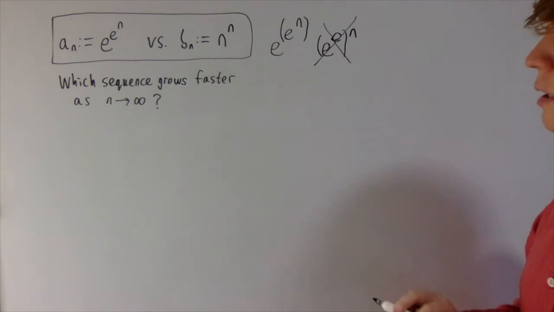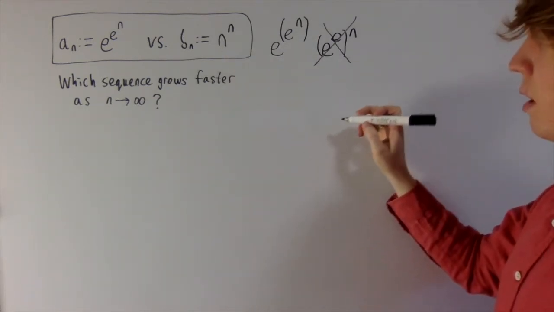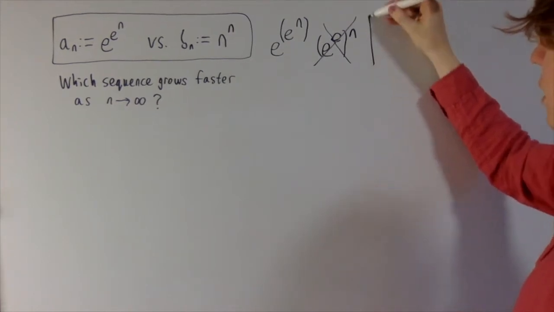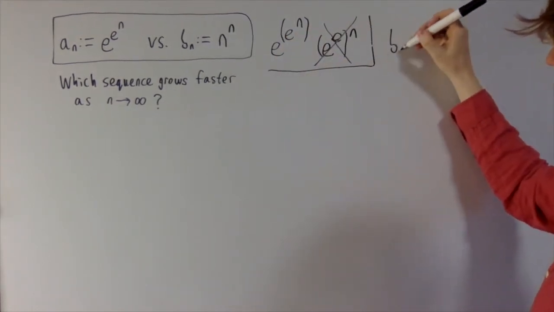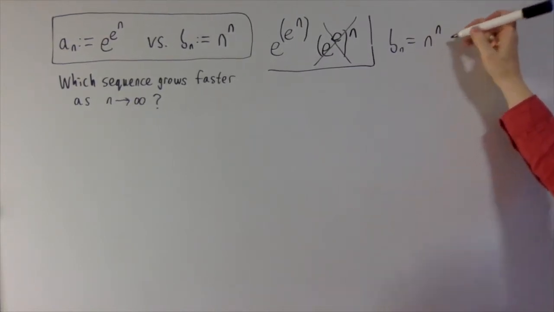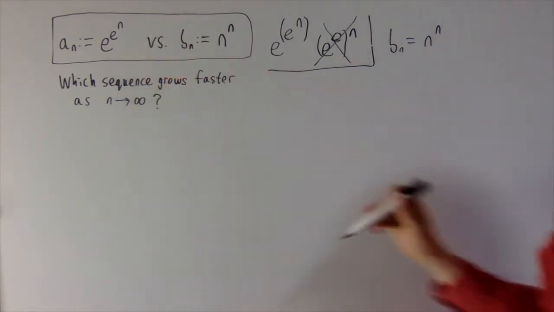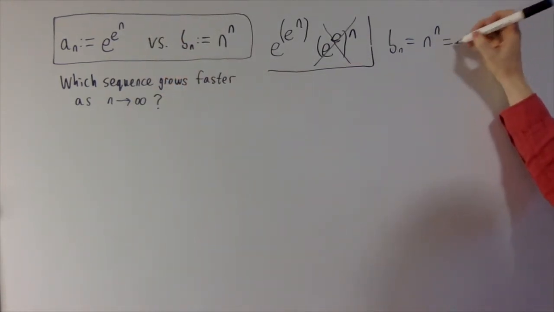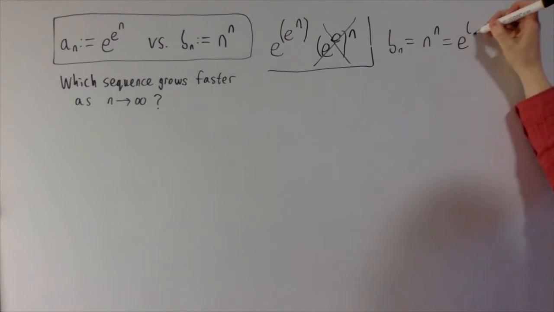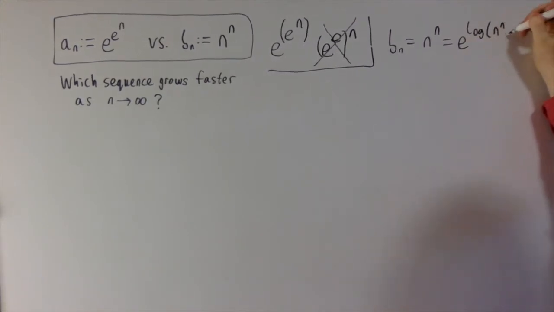Okay, so let's start by comparing these then. What I'll actually do is I'll start with b_n. So here, b_n is equal to n to the power of n. And then what I'm going to do so that I can make a comparison between this and a_n is write this as e to the power of log, natural logarithm, of n to the power of n.